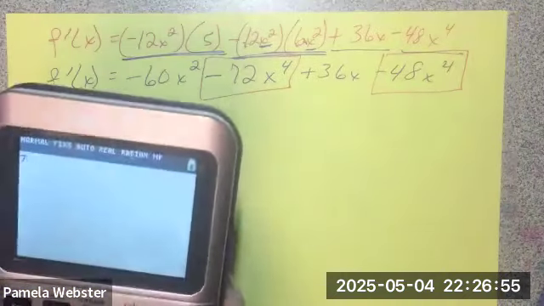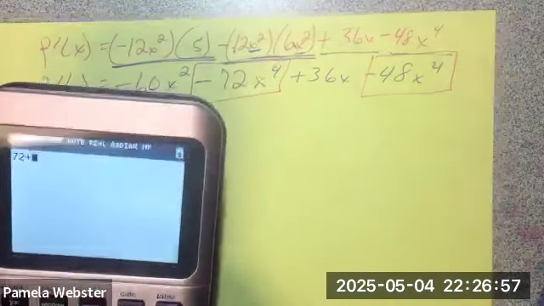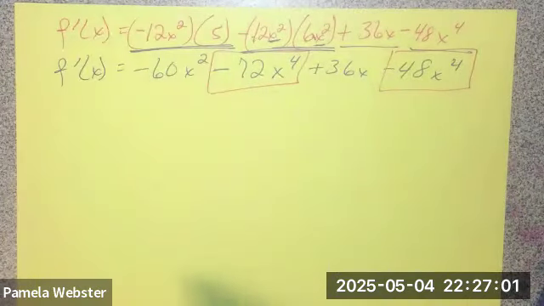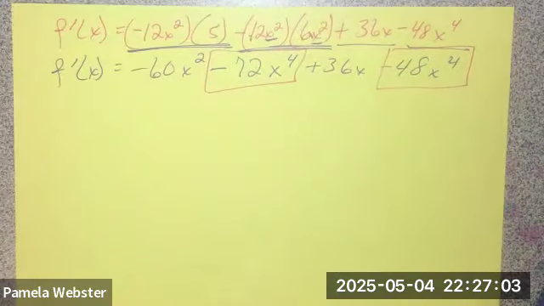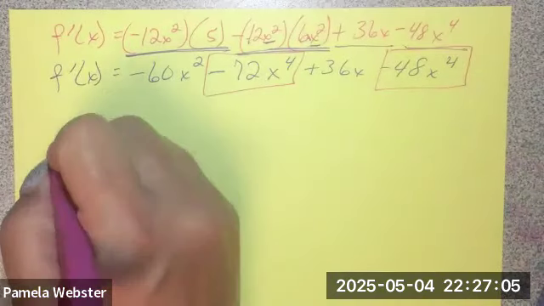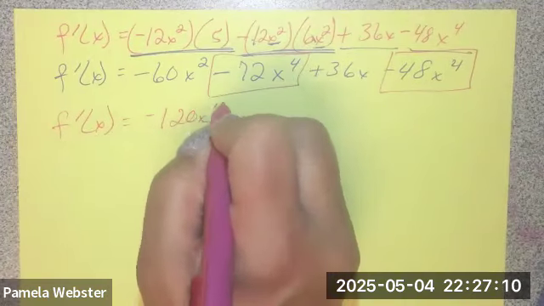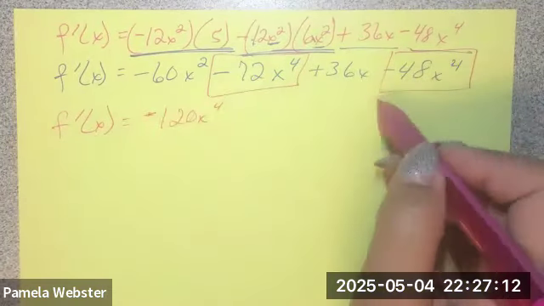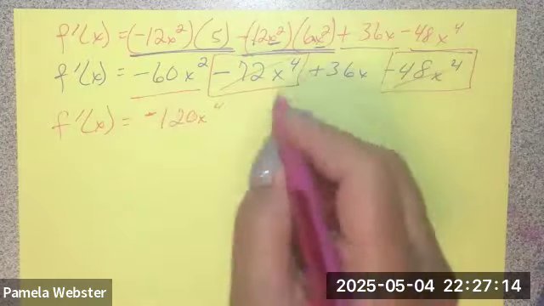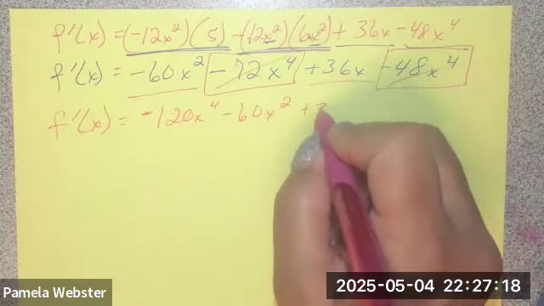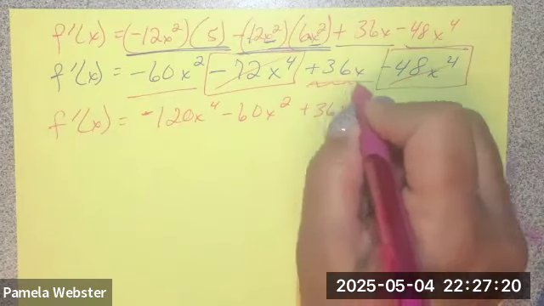Okay. 72 and 48, they're both negative, so I'm going to add them together and give them a negative sign. Negative 120, right? So f prime of x is negative 120x to the fourth. I got those two. Minus 60x squared plus the 36x, right?